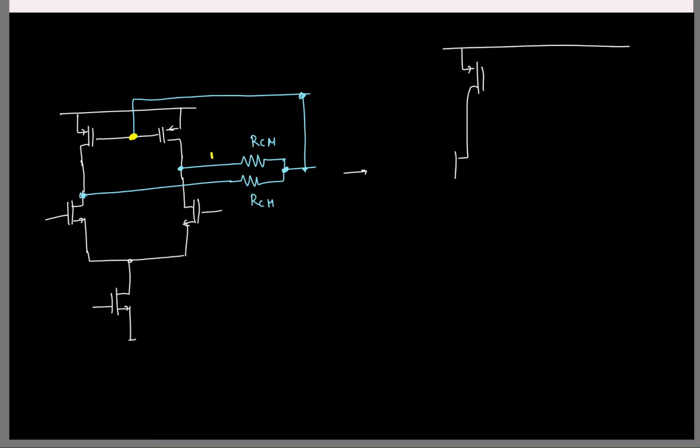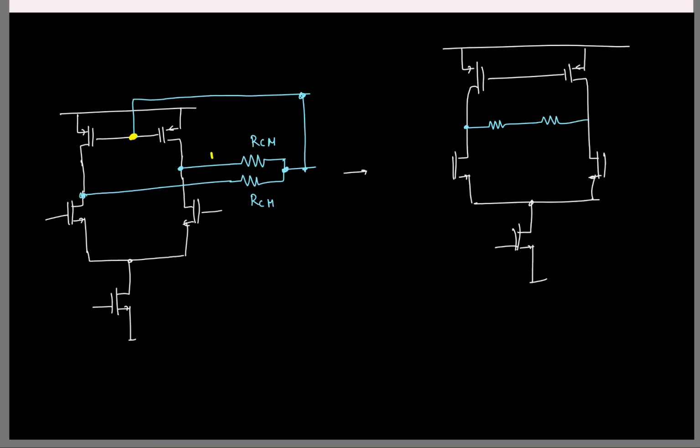So we'll have the PMOS, NMOS. From the output I'll have the two resistors sensing the common mode, and this common mode here is directly connected to the gate. So the connection is this, that's it. Okay. So this is the simplest common mode feedback you can have. I'll just say it's CMFB.